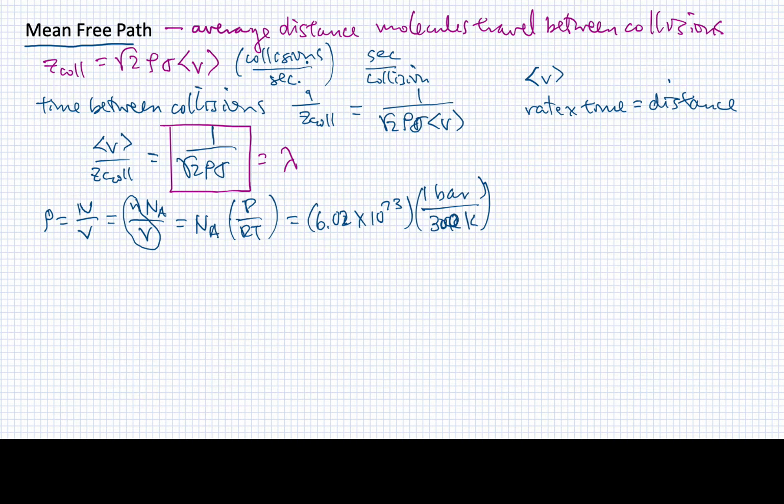I'm just looking at standard conditions. And I need to divide by R. So I'm going to have 1 over 0.083145 liter bars, etc., etc. So what I'll end up with is the number of particles is going to be something on the order of 2.4 times 10 to the 22nd, and that's going to be in molecules per liter.